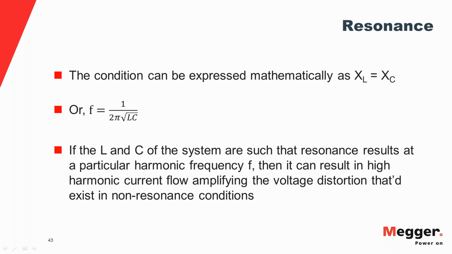So apart from L and C, f shows up in the equation, and if the L and C of the system are such that the resonance equation is met at a particular harmonic frequency, then it will result in a large amount of harmonic currents of that particular frequency flowing in the resonance circuit, basically amplifying the voltage distortion that would have normally occurred if there was no resonance.